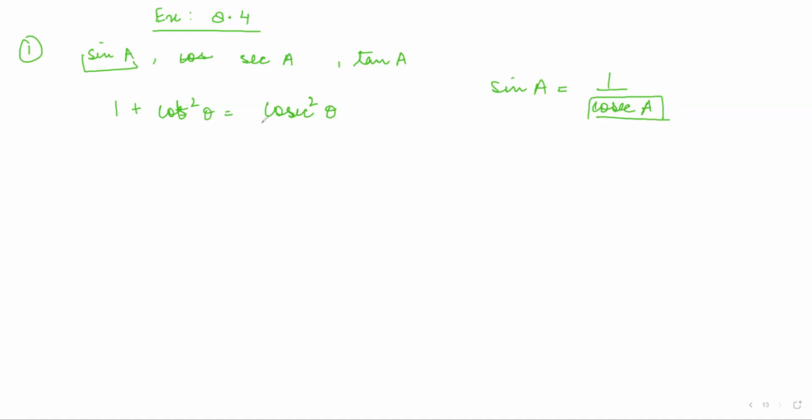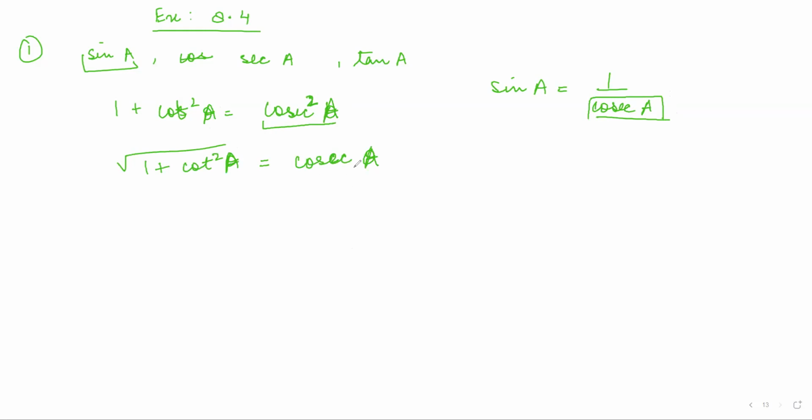You can see I have cosec here, but this is square, so let me take its under root. Under root of 1 plus cot square theta becomes cosec theta, or A, sorry, I have a habit of writing theta. So cosec of A.